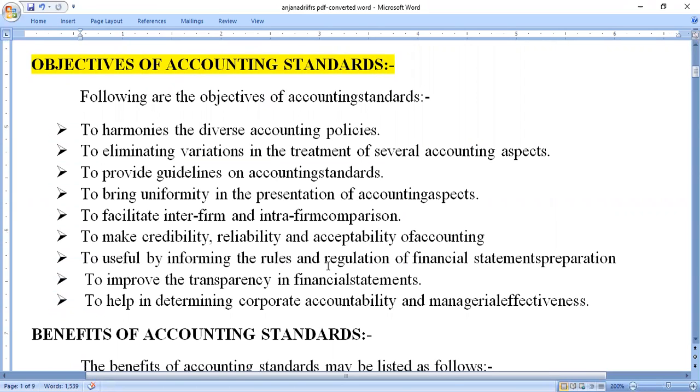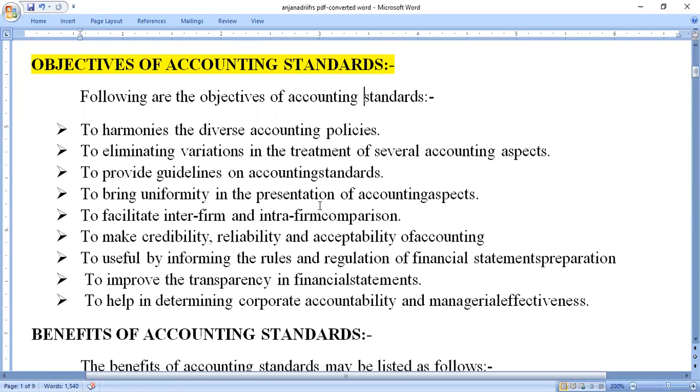Accounting standards play a very, very important role in the formulation of financial statements, in the disclosure of the financial statements. Why? Because for the external users and the internal users of the organization, we must and should follow proper and systematic rules and regulations.